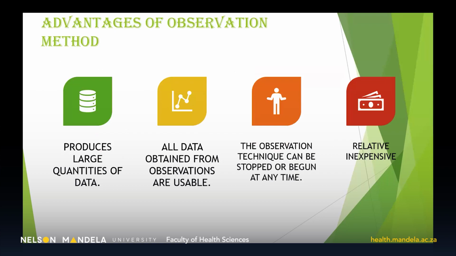Advantages of observation: large quantities of data produced. All data obtained from observations are usable, and the observation technique can be stopped or started at any point, and relatively inexpensive. These are the advantages of observation. I'm sorry, I'm just flying through this. I'm pushing for 5 past, just a few more minutes, but we only looked at observation.